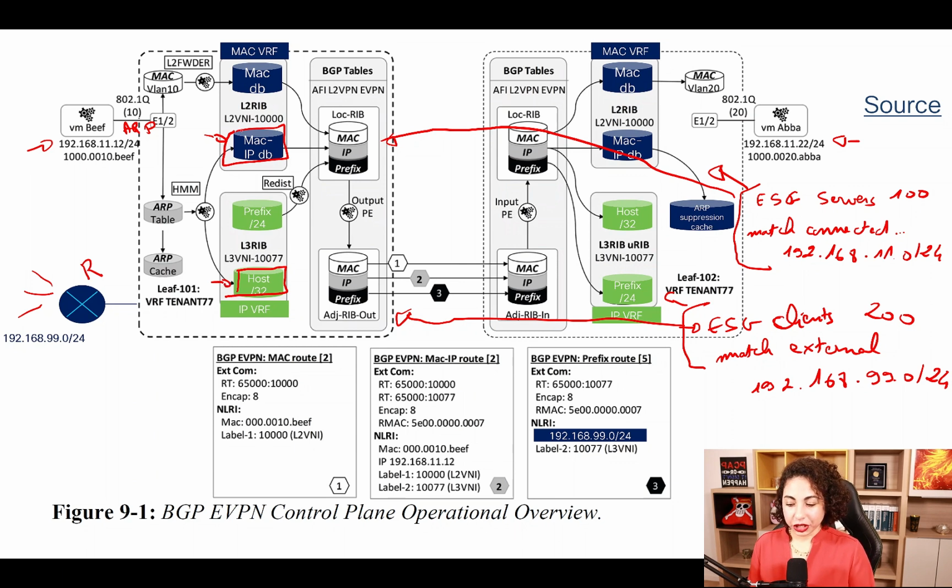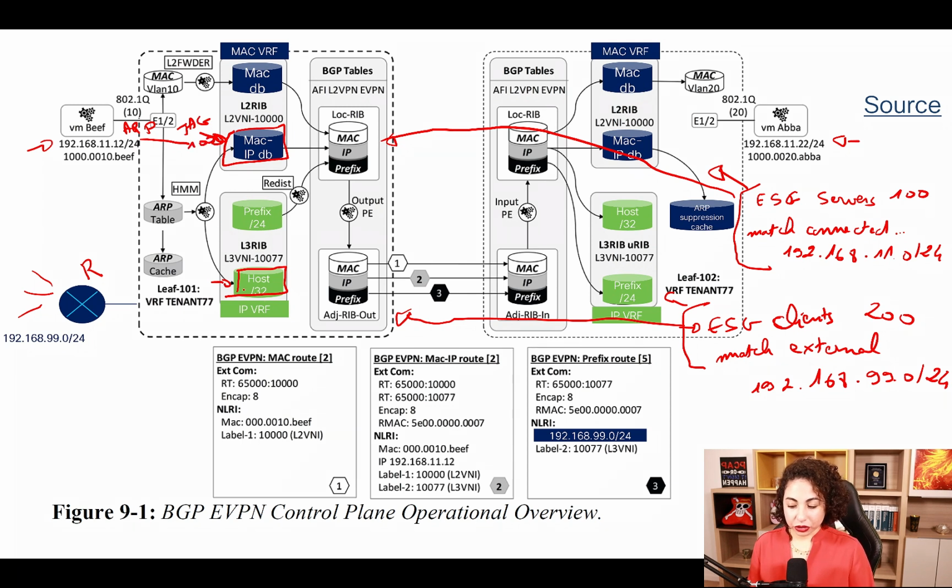So if we check the information, now that we did the configuration of the ESG, obviously for servers, if we check the information that is present in the MAC to IP database, we will be seeing that 192.168.11.12 has a tag of 100.